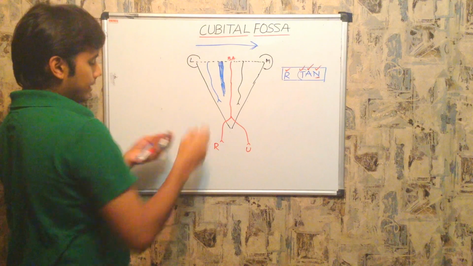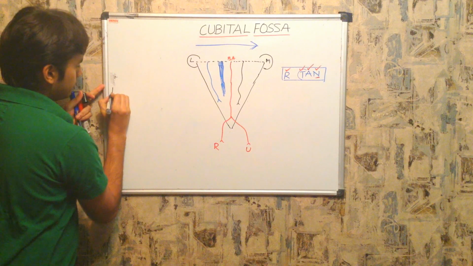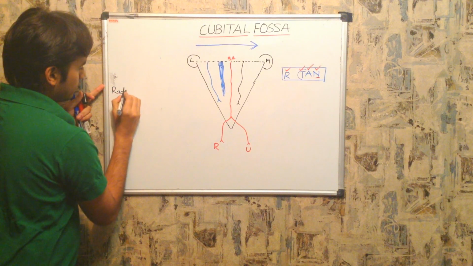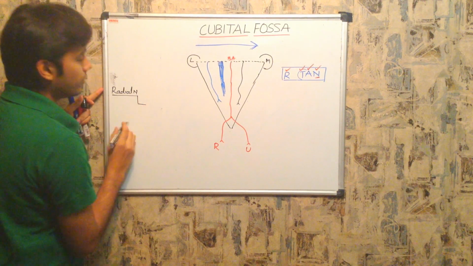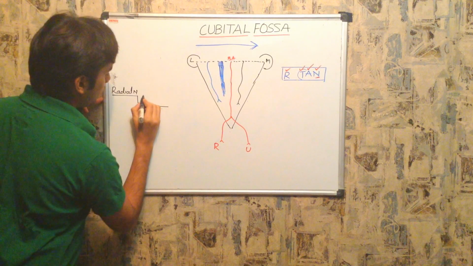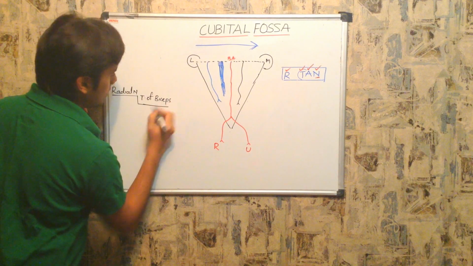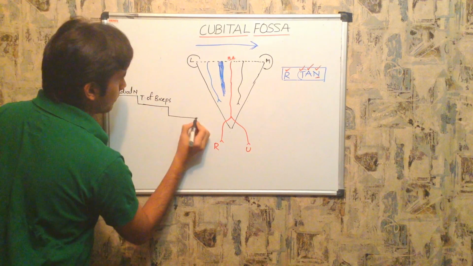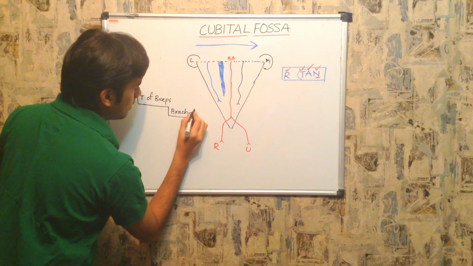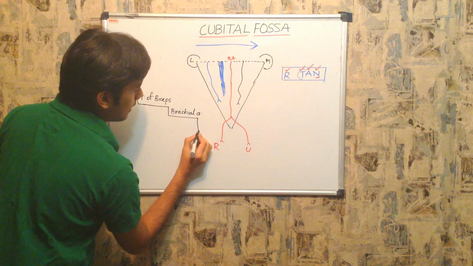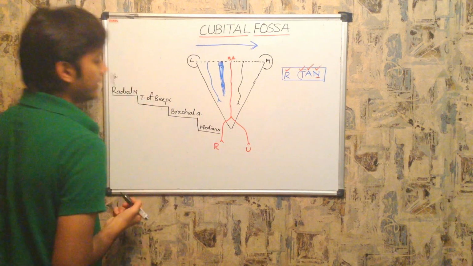So once again, from lateral to medial, first we find the radial nerve, and next we find the tendon of the biceps brachii muscle, and next we find the brachial artery, and at last we find the median nerve.